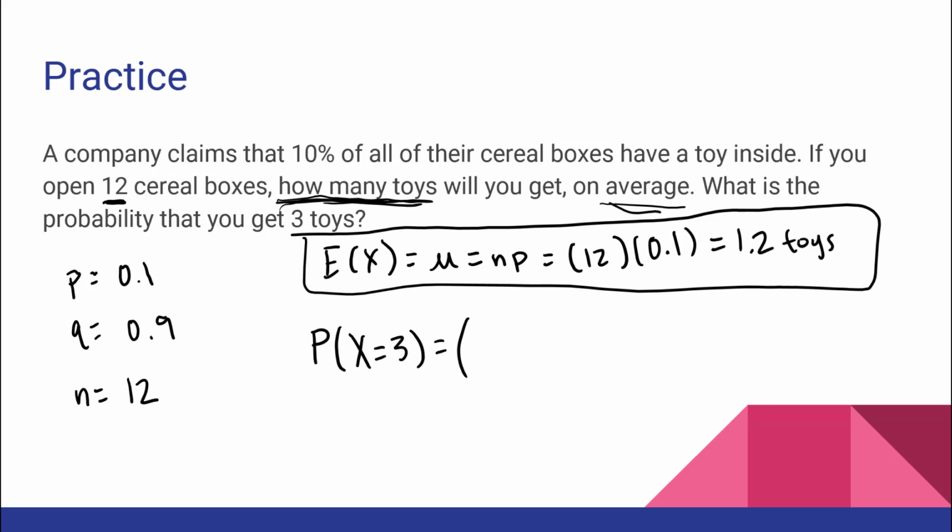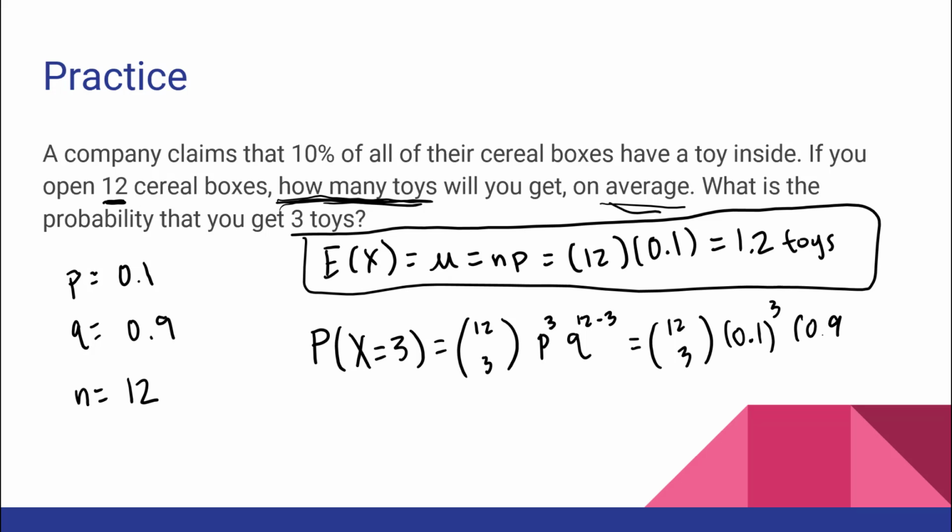So that would be 12 boxes, choose 3, times p to the power of little x, so p to the power of 3, times q to the power of n minus x, which is equal to 12 minus 3. Plugging all of our numbers in now, we get 12 choose 3, times 0.1 to the power of 3 times 0.9 to the power of 9.